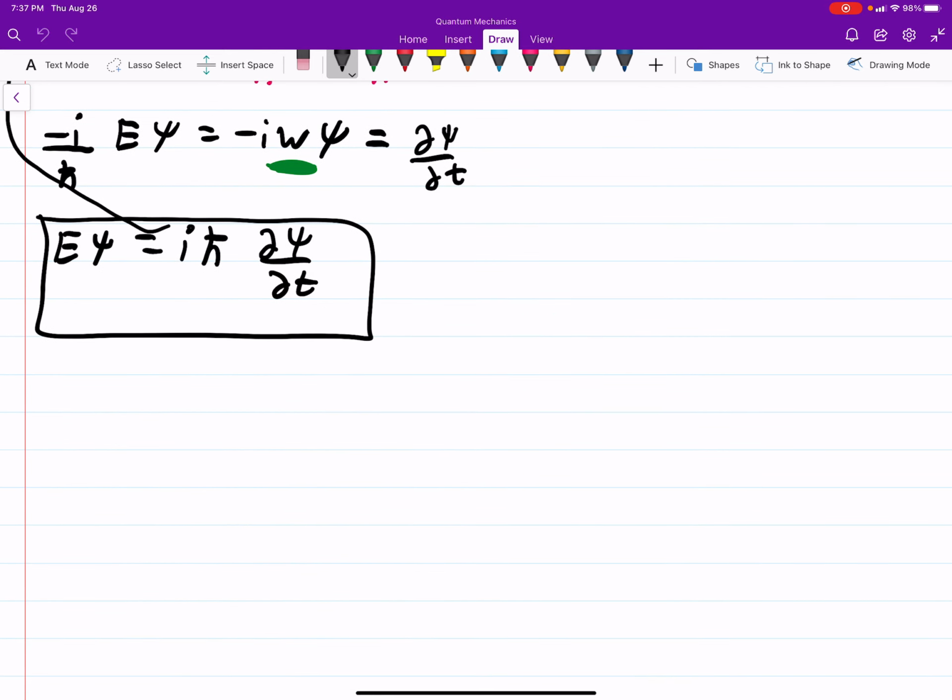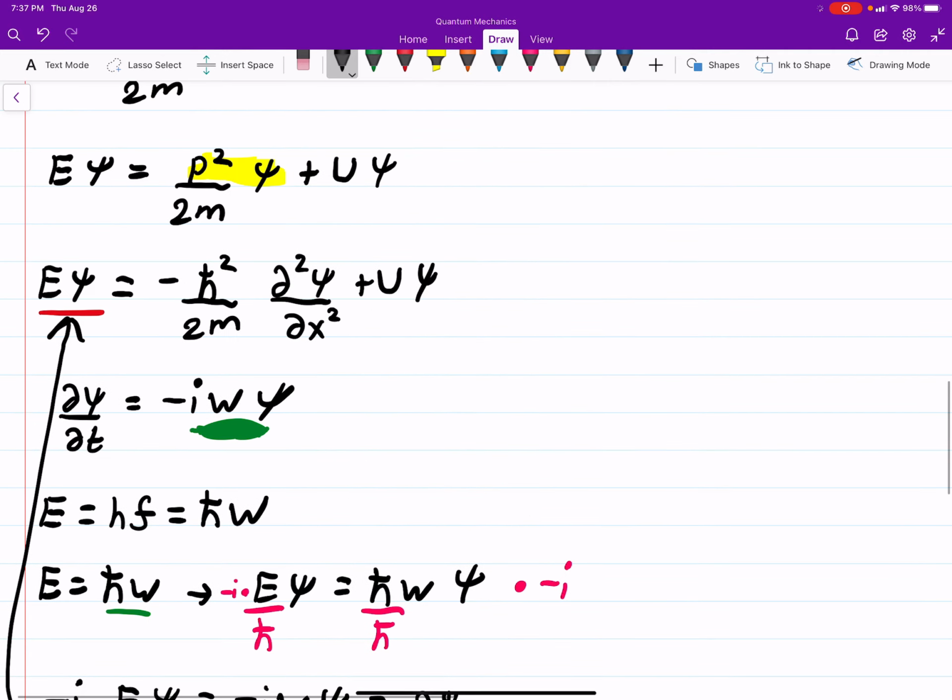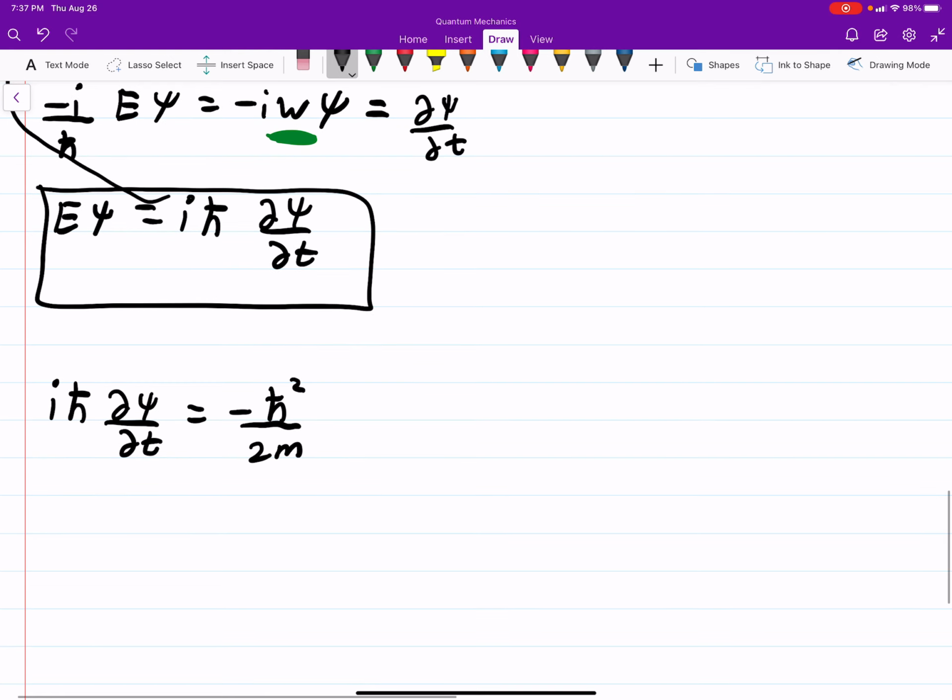And we're going to get, on the left-hand side, i h bar times the partial derivative of our wave function with respect to time, is equal to minus h bar squared divided by 2m. And I'm just going to rewrite this second derivative as the Laplacian of our wave function, plus u psi.